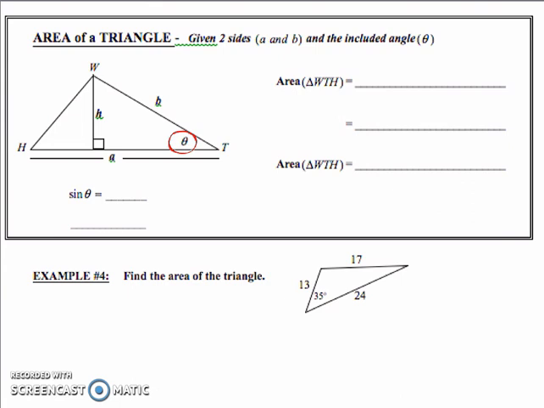We know that the area of any triangle can be found by taking 1/2 times the base of the triangle times the height of this triangle. Well, if we look at this particular triangle right here, the height of our triangle is h, right? And the base of our triangle is a.